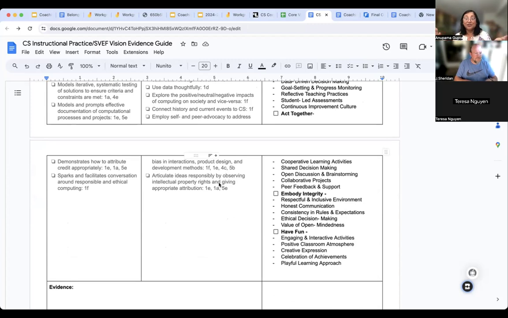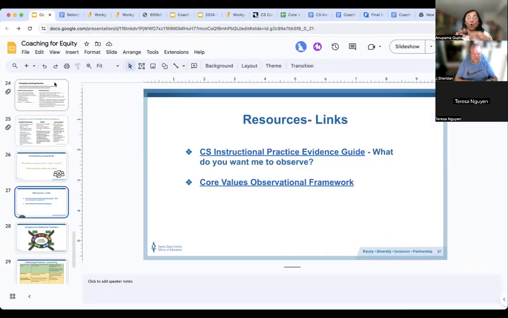It's not evaluative at all. You tell me what you want me to observe in the classroom, and that's what I'll be doing and giving you feedback on. This is one document that I thought was amazing, all in one place.